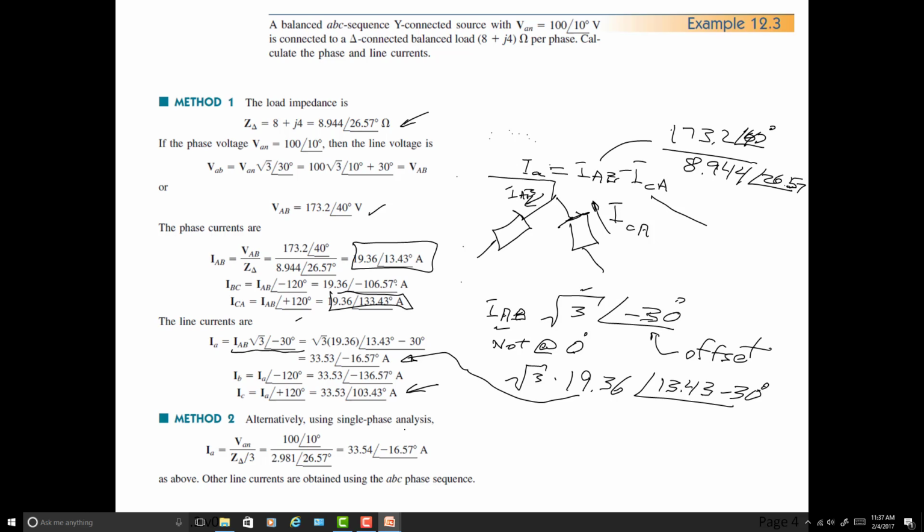You can get to the same point right here, noticing, in fact, it's a way to sort of double check. This is the picture of this and this load, right? Where this load is equal to Z delta, which we had up top, 8.944 at an angle of 13.43, and it was divided by 3.